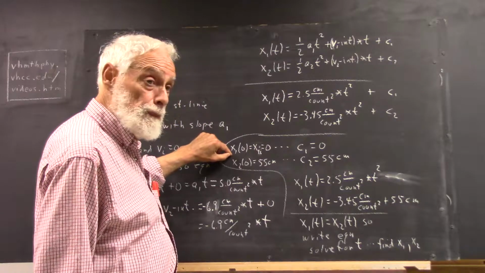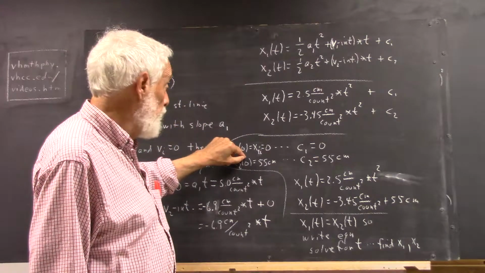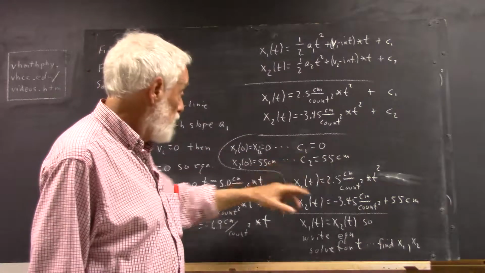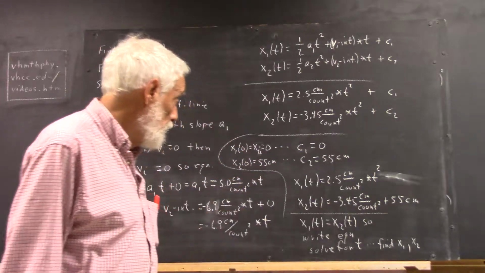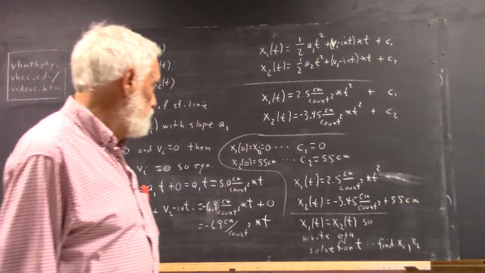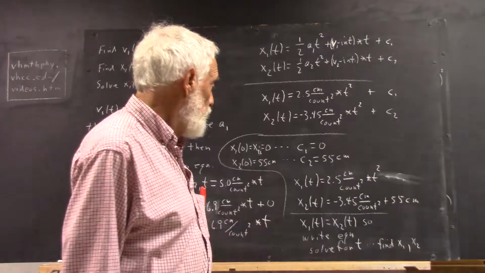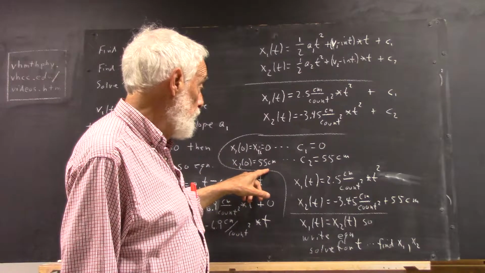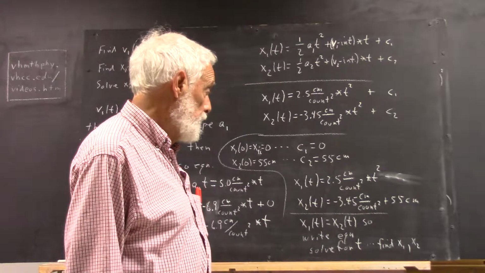Assuming our first ball started at position 0, we know that x of 0 would be 0, assuming the time is 0, making the usual assumptions that I'm not going to completely detail right now. So we found that C1 was 0. Similarly, x2 when t was 0 is 55 centimeters, so that C2 is 55 centimeters.